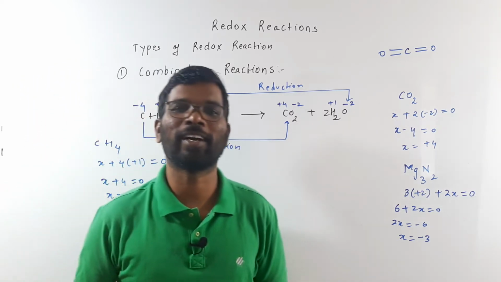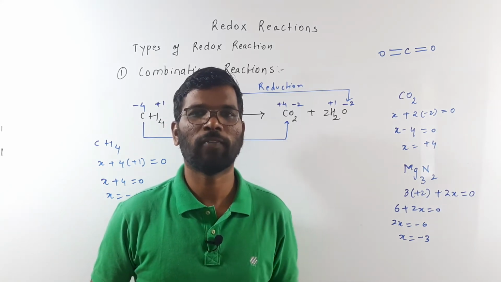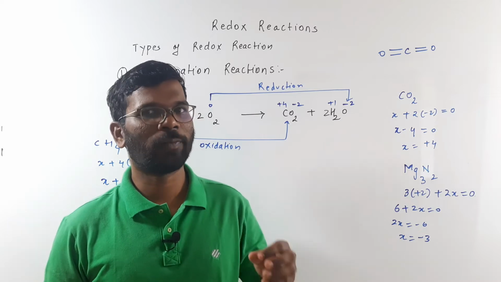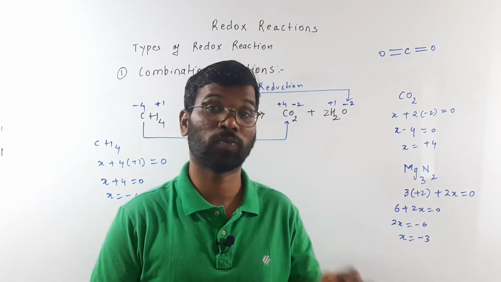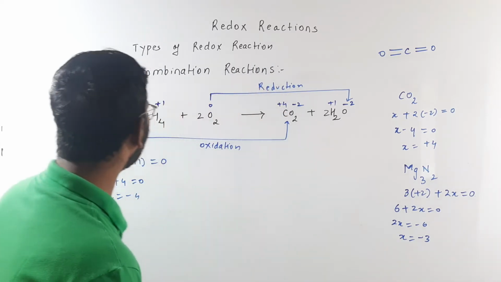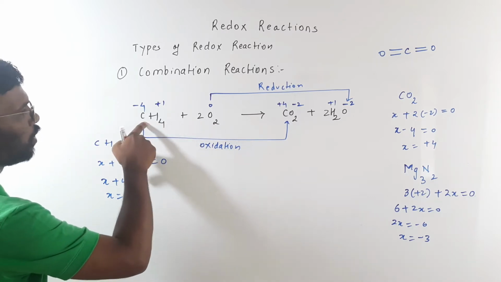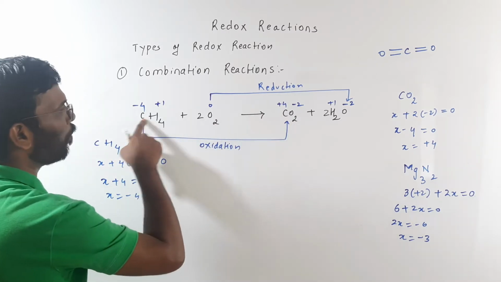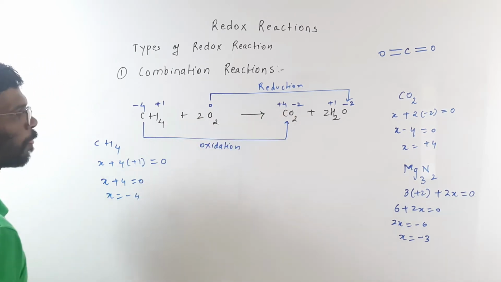But if you consider the classical concept also, what was the classical definition of oxidation and reduction? Oxidation is the addition of oxygen and the removal of hydrogen. This is one of the definitions of oxidation. So from here you can see that there is an addition of oxygen to this carbon, right? Here it was methane and oxygen is added.